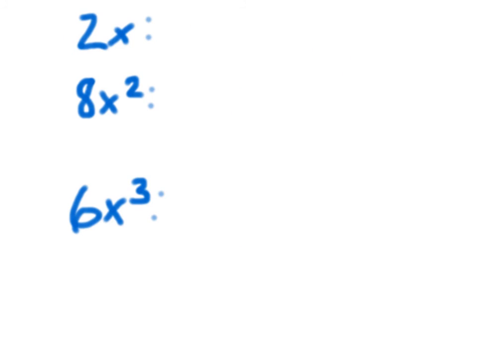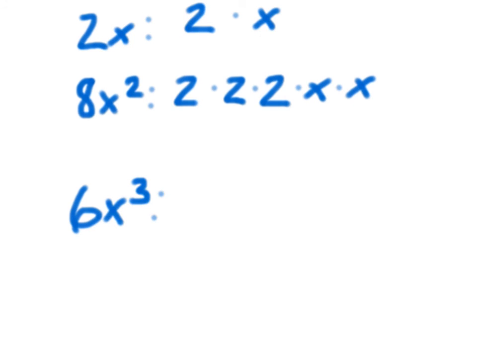Okay, this is the last one that I'll have you try. Factor 2x, 8x squared, and 6x cubed. Hit pause and then check your answer. Okay, I'm partway through this problem. I would factor 2x as 2 times x. I would factor 8x squared as, I could break the 8 down into 2 times 4, and then I can break the 4 down into 2 times 2.